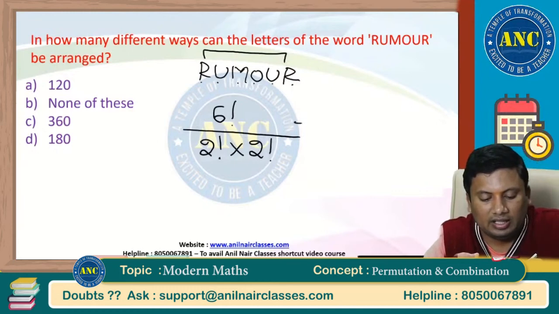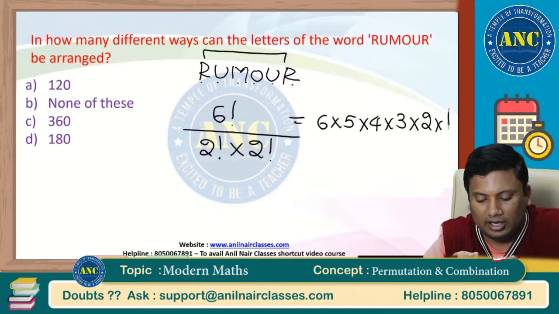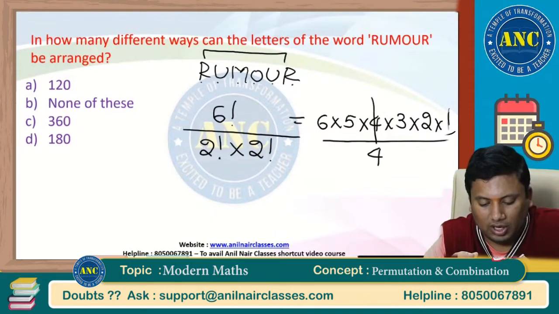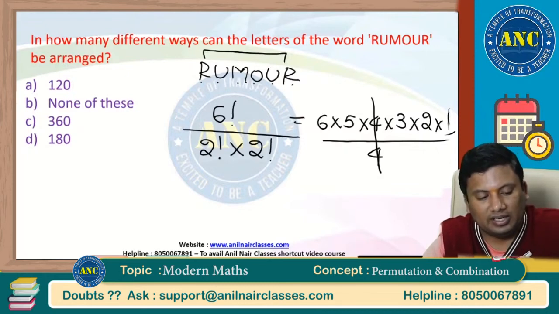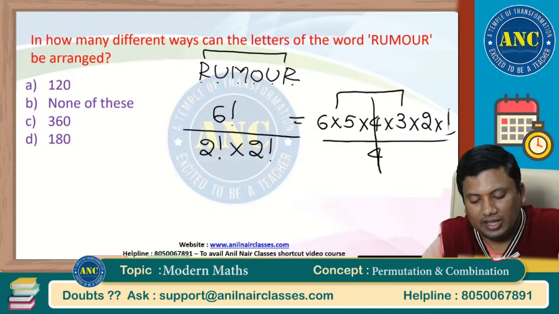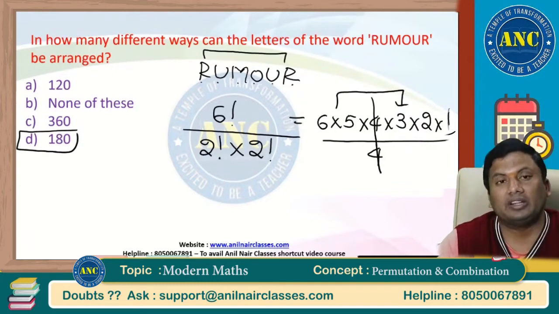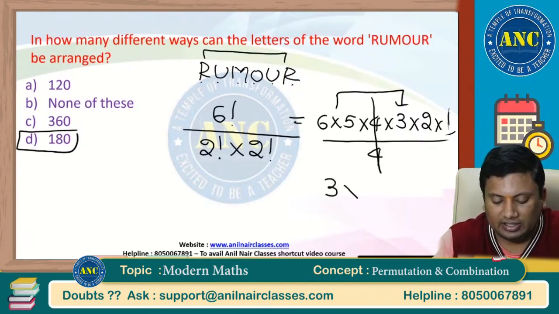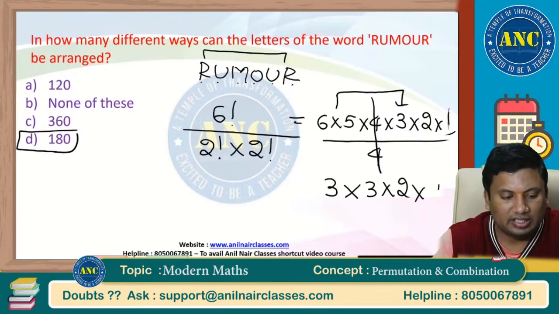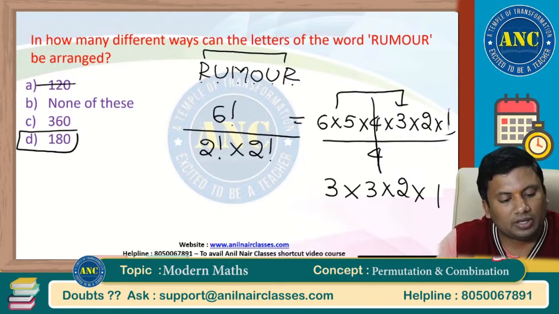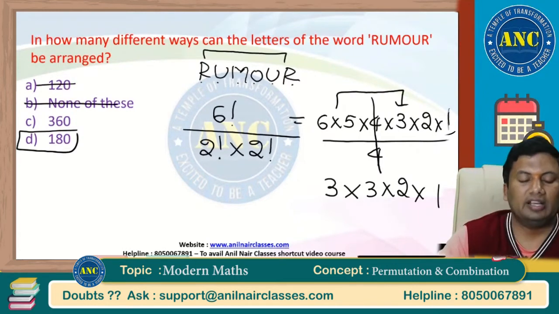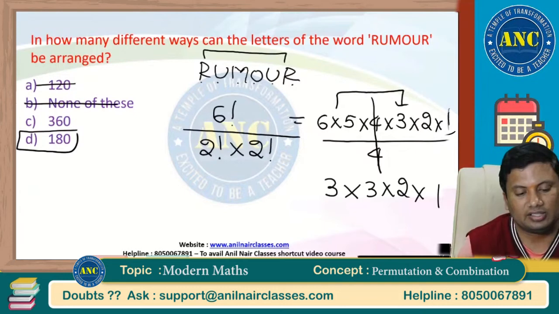Now see here, this is nothing but 6 into 5 into 4 into 3 into 2 into 1 divided by 2 into 2, which is 4. 4, 4 cancel. 6 5s are 30, 30 into 6, the answer is 180. Or you can go by the digital sum. 30's digital sum is 3, 3 into 3 into 2 into 1. The answer's digital sum should be 9. This option is eliminated. So 180 is the answer.